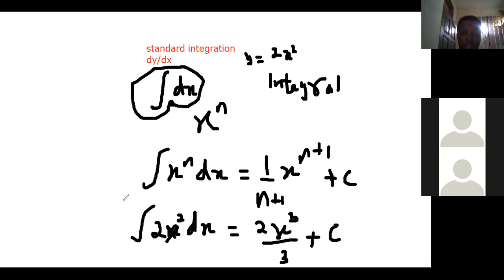So that is it, there's the formula we are going to use. On the other hand, we can still write this like this.